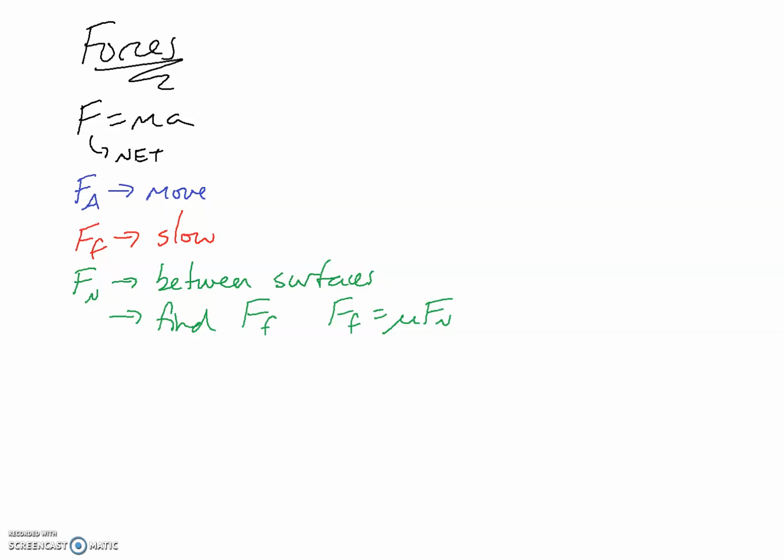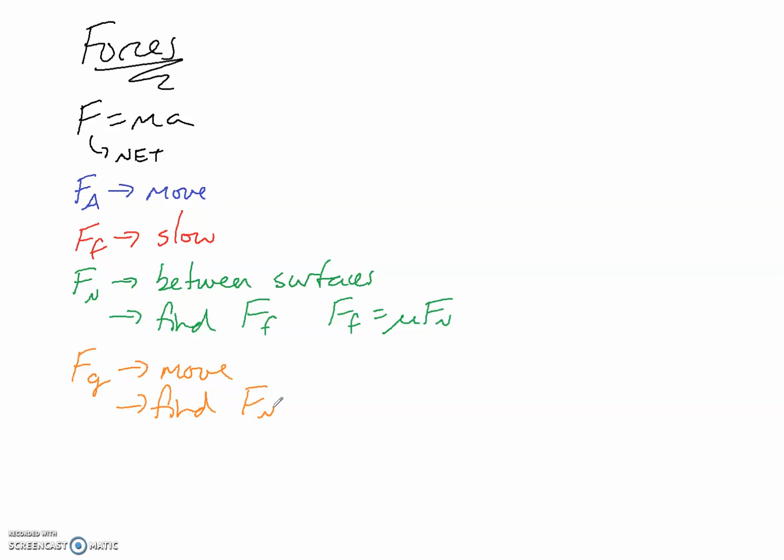Now, a really, really common force used for tons of different stuff, including Fn, is the force of gravity. Of course, gravity can be used to try and move stuff, but it can also be used to actually find the normal force. It's really common for something sitting on a table, like a book or a box, wherever you want. The force of gravity is pulling the object down onto the table.